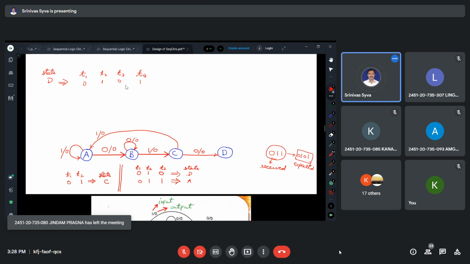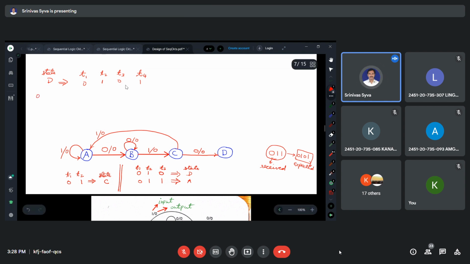In this case the output sequence will be 0, 0, 0, but here 1 is received, so the output will be 1. Suppose we receive 0, 1, 0, 1, the output sequence will be in this order.